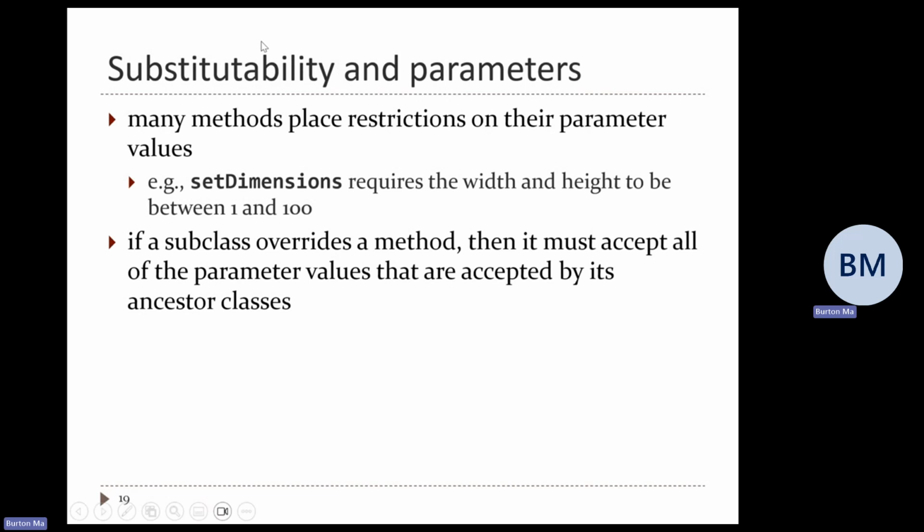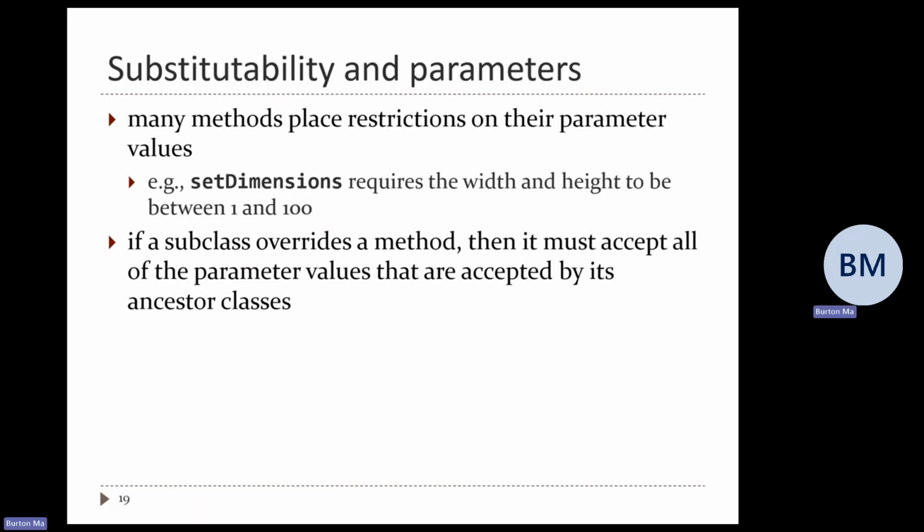Okay, so how does substitutability come into play when you start to have subclasses? Any method that has a precondition is now going to affect all of the subclasses. So shape has a precondition. The set dimensions method in shape has preconditions on the parameters.